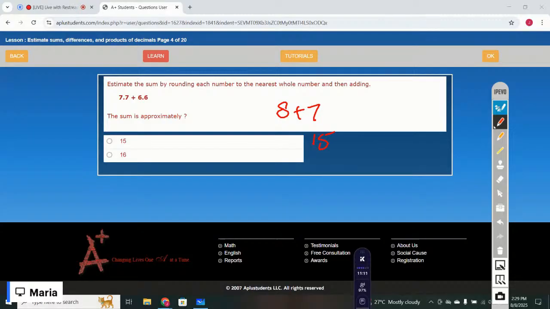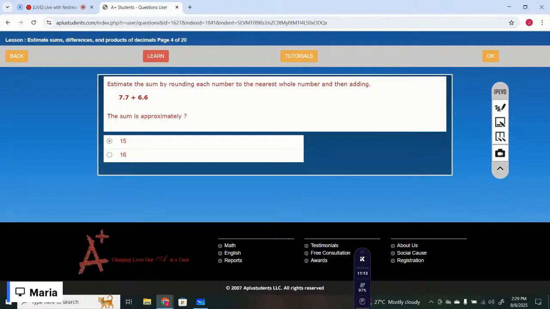Option number 1 is the correct option. 15 it is.